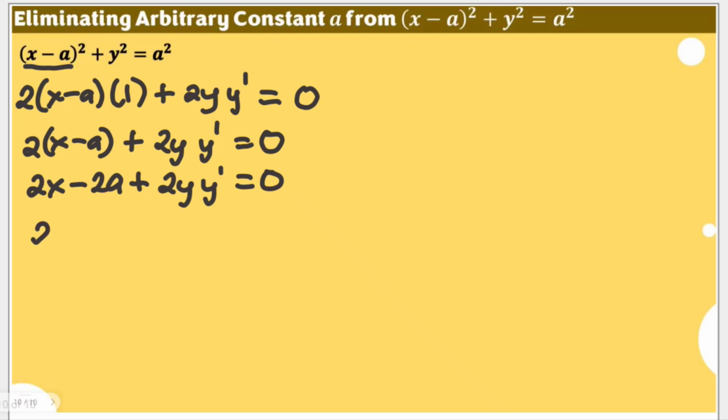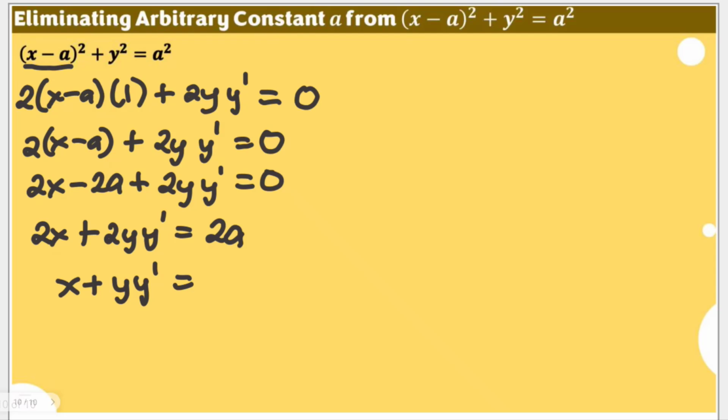So you will have here 2x plus 2y y prime is equal to 2a. Since we have the constant 2 on all terms, we can divide by 2 on all terms. So you have x plus y y prime is equal to a.